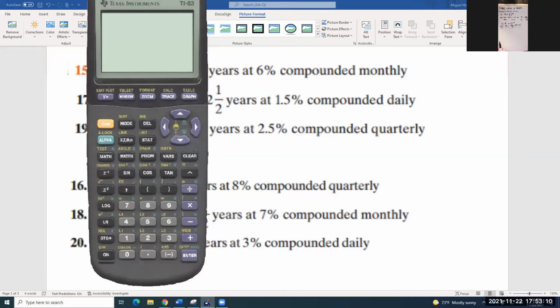Perfect. So we have the following. Parentheses, 1 plus 0.015 divided by 365, close parentheses, raised to the power of parentheses 365 times 2.5 equals that number.